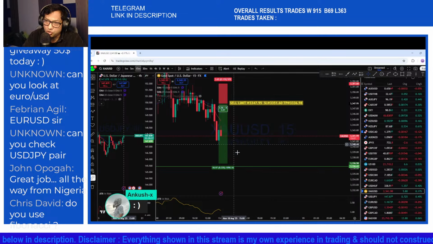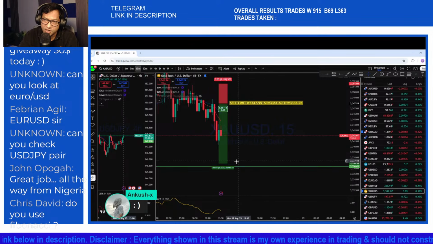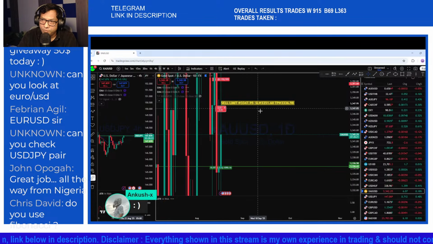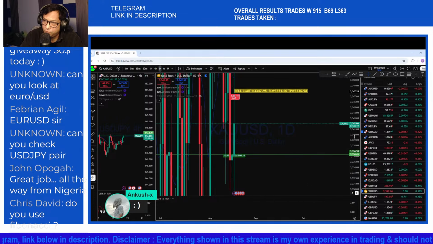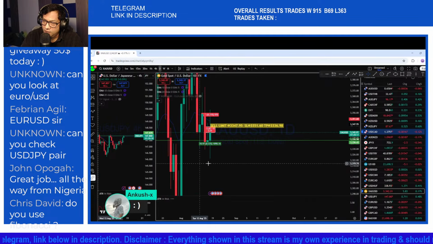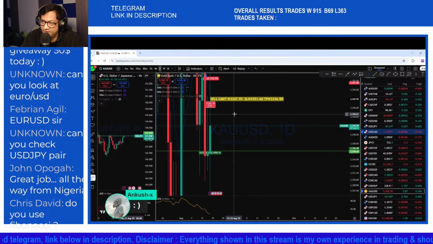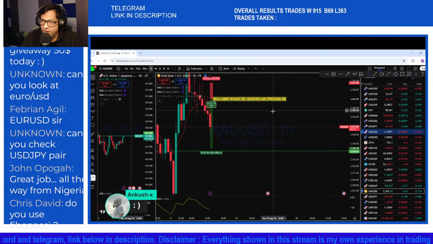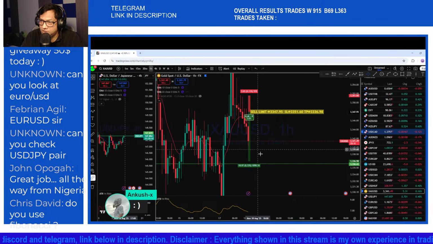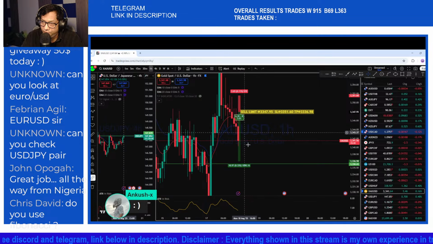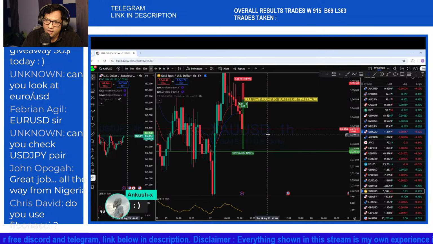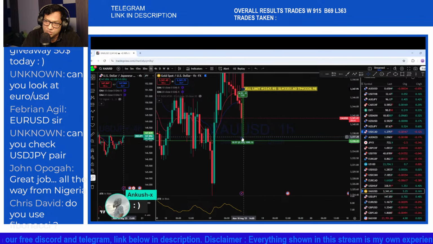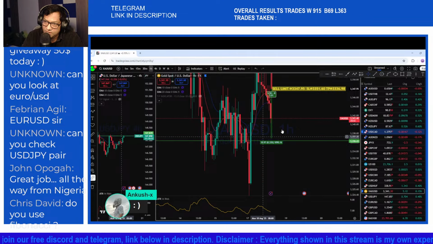It may continue to drop here. If the market drops back below this daily low, we are looking for a possible rejection or return back down here. And from the 1 hour perspective, it's a sharply falling market, and we're looking forward to see how the market reacts to this level here.